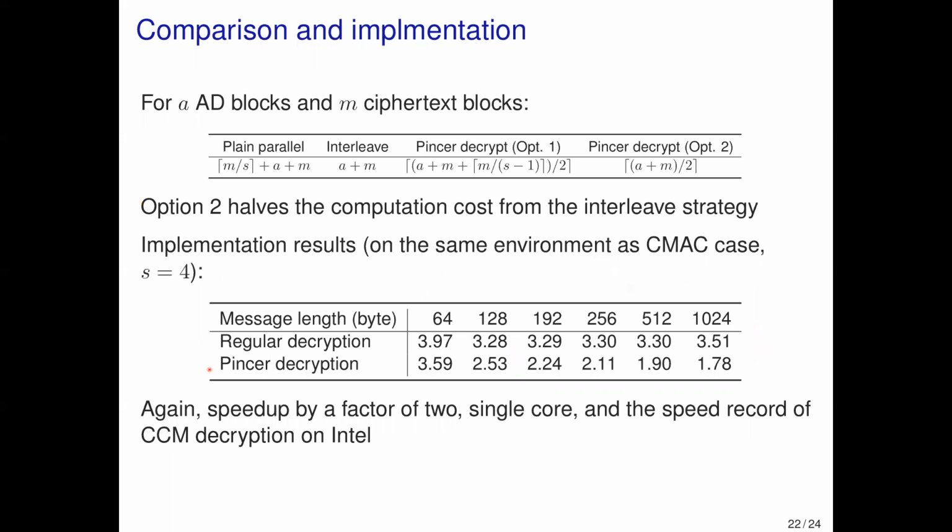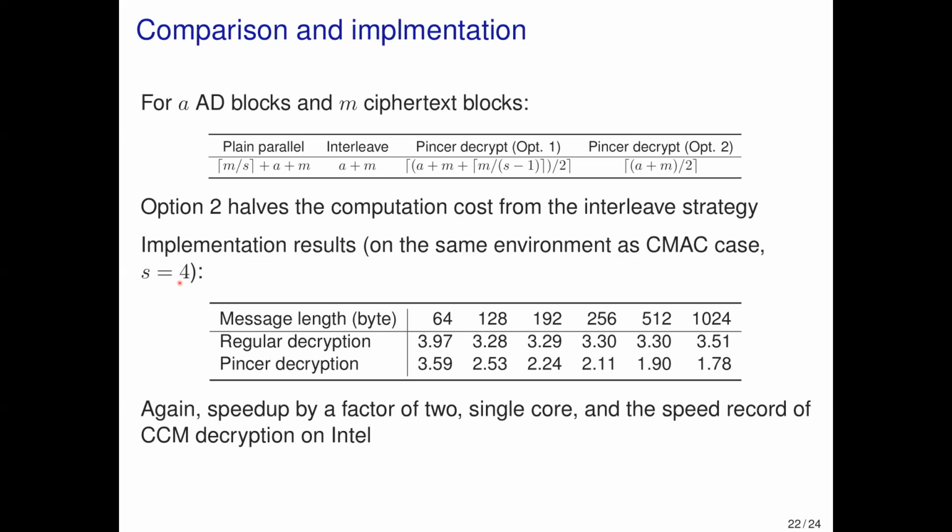This table shows the required number of block cipher calls for each strategy. It shows that option 2 mostly halves the number of block cipher calls from the plain interleaving strategy. We also implement the regular decryption and pincer decryption option 2. The environment is the same as the case of CMAC, and the CPU there allows S being 4 from the latency figure of AES instructions.